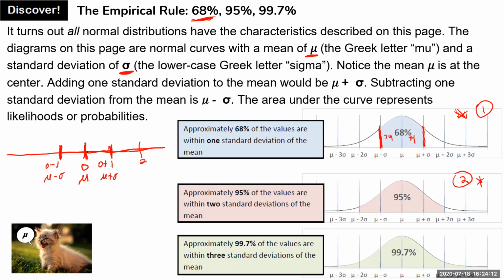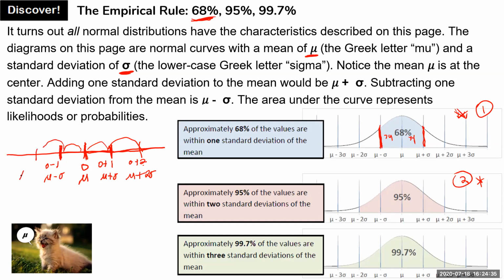Because we moved 2 steps away from the center, we did 0 plus 2, and that is why we have here 2. Now we are saying 0 is our mu, and then 2 is 2 sigma. And then we do the same steps to the left.